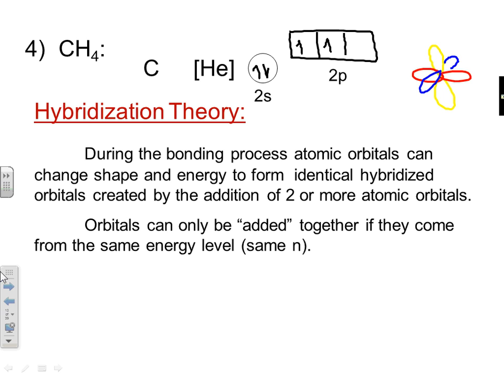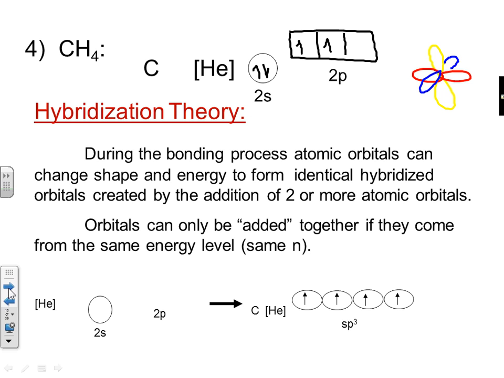So what we do is we create hybrid orbitals, and I do want you to draw this. I don't know if you did yet, and I've got to add to this. So we have our, and I'd like this to be black, we have our 2s orbitals and our two 2s electrons and our 2p electrons. That makes 4.